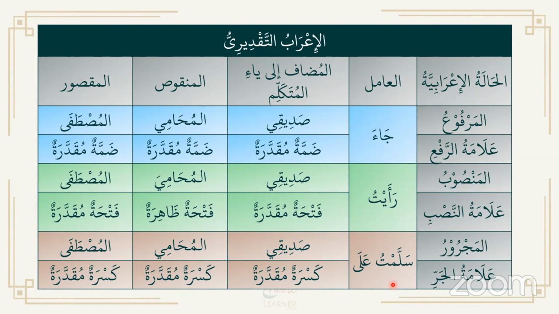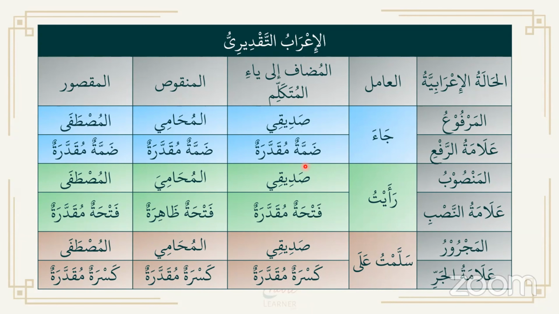When it comes to the first one, Ja'a Sadiqi wal Muhami wal Mustafa, these all belong to different categories of Taqdeeri: Maqsoor, Manqus, and Mudafu ila Ya al-Mutakallimi. Here you will say Dhammatul Muqaddaratu in Halatul Rafa, in all the cases.